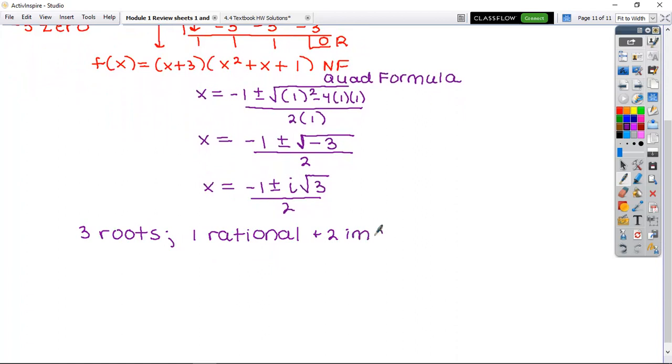So, 1 rational and 2 imaginary, as they were: -3, and then -1 plus and minus i radical 3 over 2. And again, most of these you will notice are going to work with quadratic formula after that synthetic.